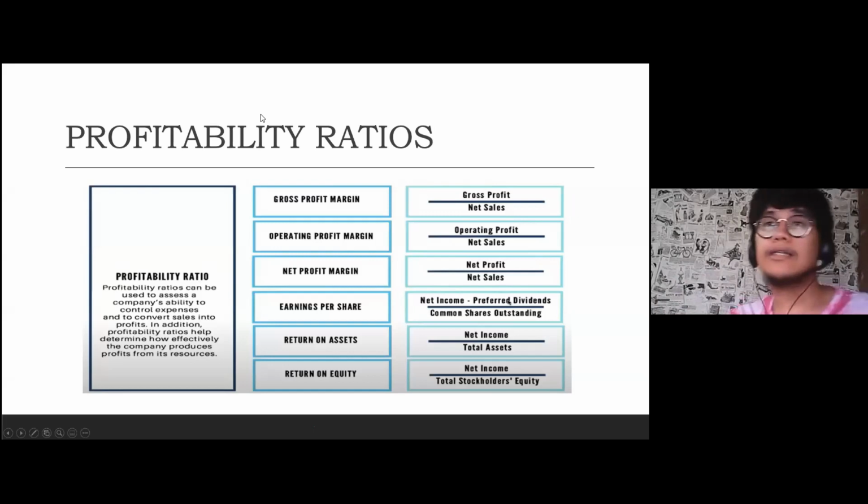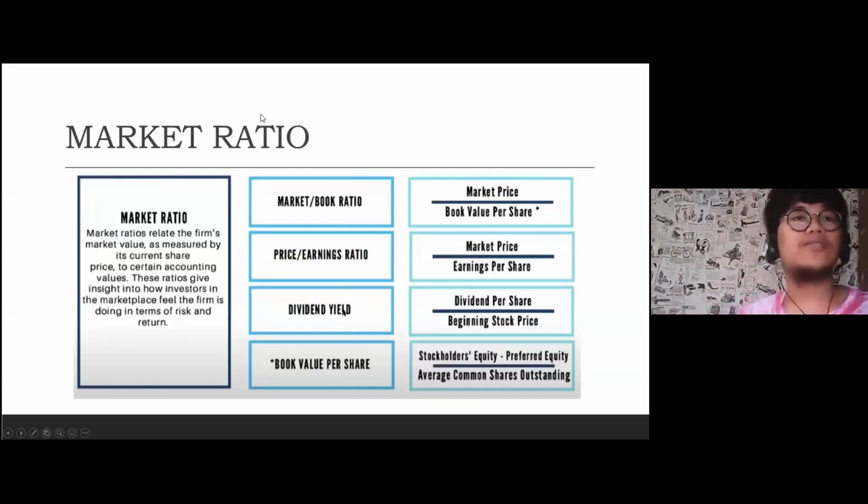Okay? Next, we have your market ratios. Your market ratios relate the firm's market value, as measured by its current share price, to certain accounting values. These ratios give insight into how investors in the marketplace feel the firm is doing in terms of risk and return. The first one is the market to book ratio.